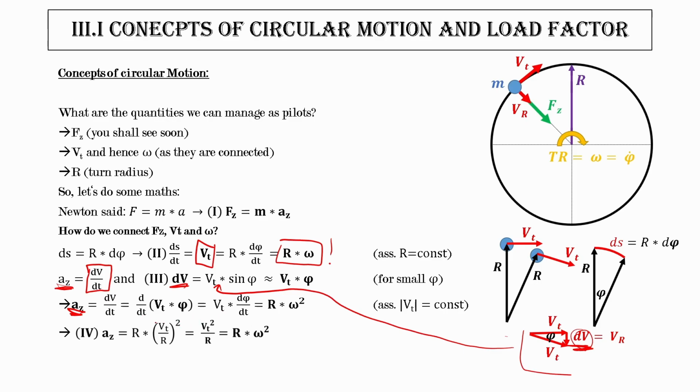Now we've already established vt shall stay constant in our discussion, because we want to fly a turn at constant velocity, to fly an energy neutral turn. We don't want to gain speed, and we don't want to kill speed either, because if we kill speed, we are getting slower.